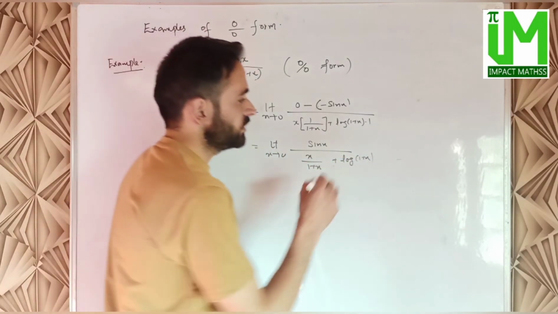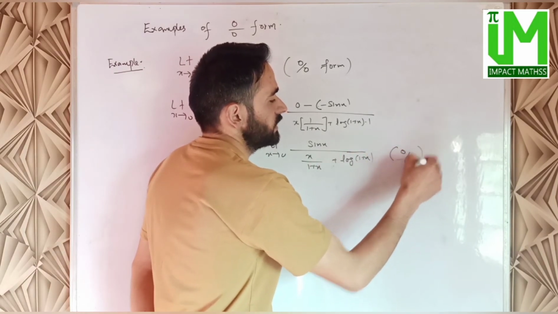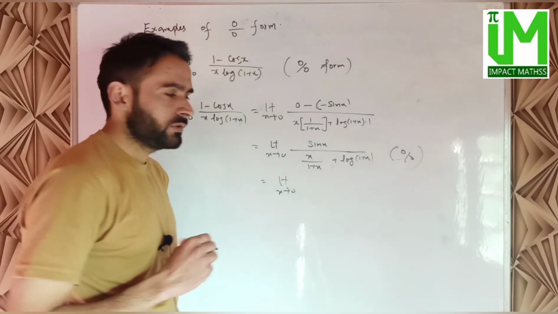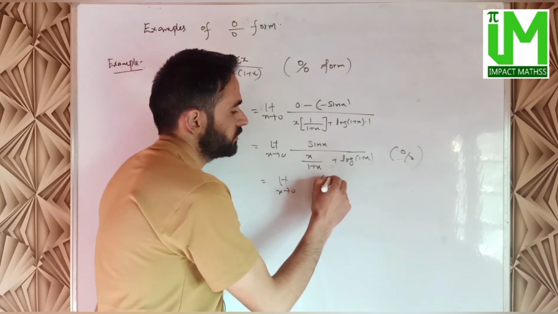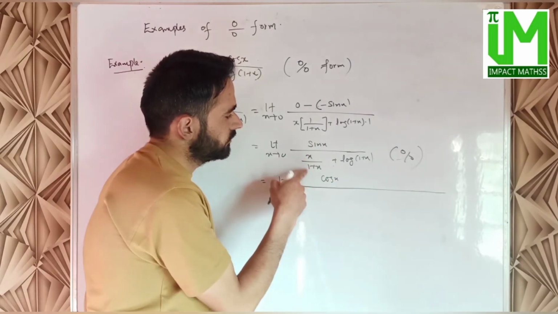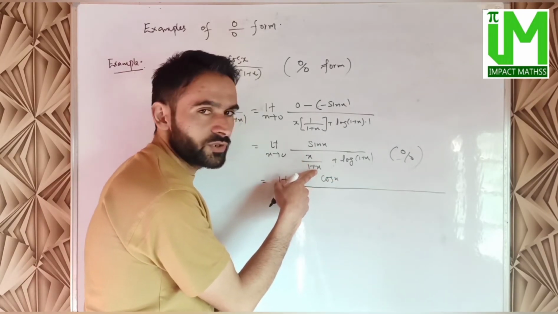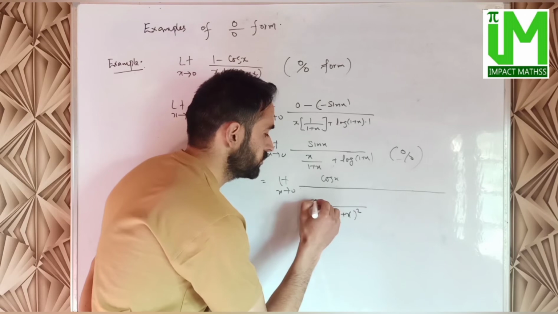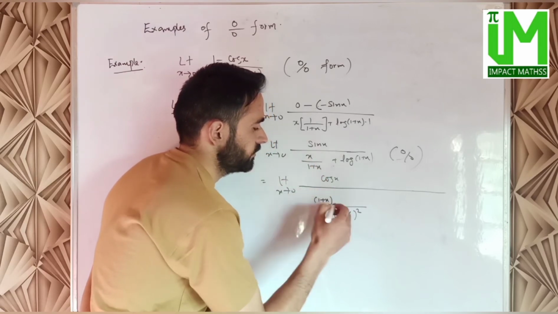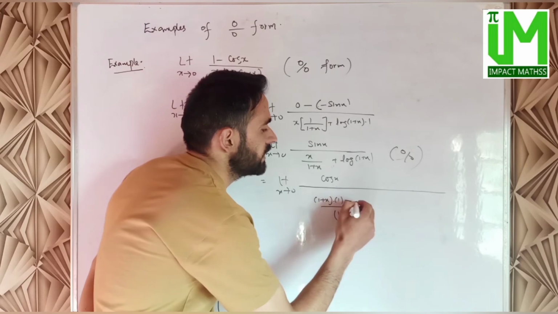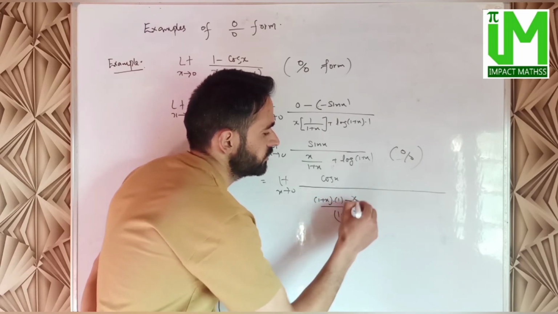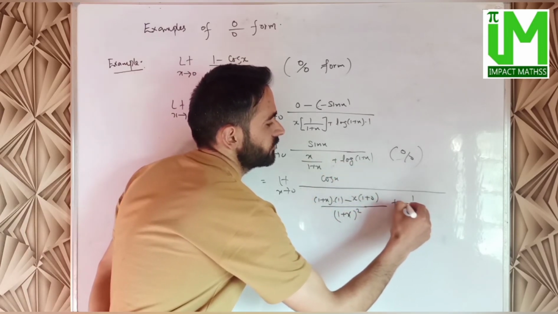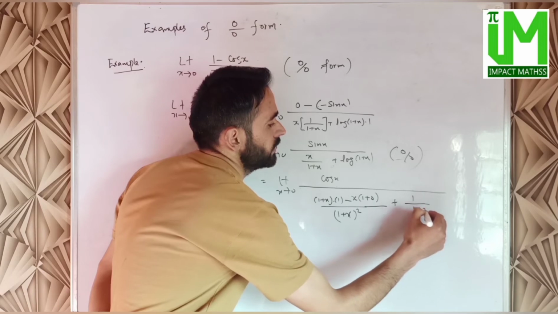Again this is an indeterminate form of the type 0 divided by 0. So therefore again we will differentiate numerator and denominator. So sin x differentiates to cos x, divided by the differentiation of x by (1 plus x) using the quotient rule: (1 plus x) whole square, into (1 plus x) into the differentiation of the numerator, which is 1, minus x into the differentiation of the denominator, so it will be 1 plus 0, plus the differentiation of log, which is again 1 upon (1 plus x).